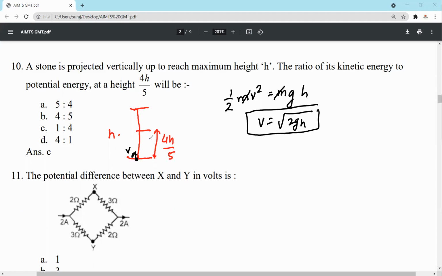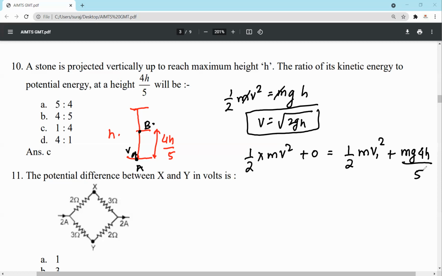Now again I will use conservation of energy at points A and B. So I can write half m v square plus 0 should be equal to half m v dash whole square plus mgh, where h is 4h by 5.